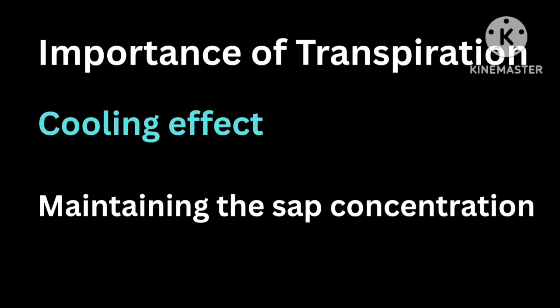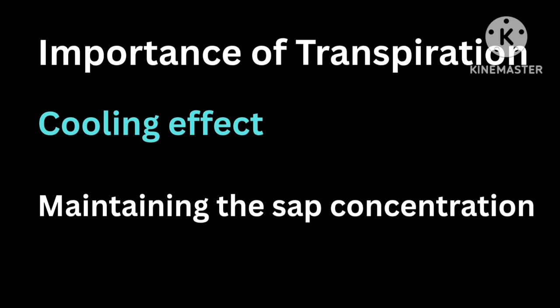It also helps in maintaining the concentration of sap inside the plant body. How does it maintain? The roots continue to absorb water from the soil. If excess water is not evaporated out, the sap would become too dilute, preventing further absorption of water along with the minerals required for the plant. So, these are the two necessary importances of transpiration.